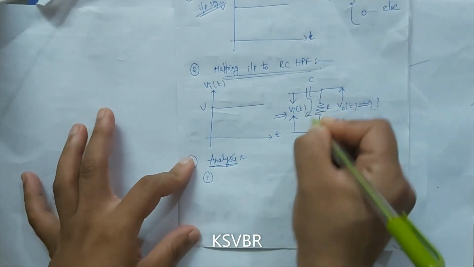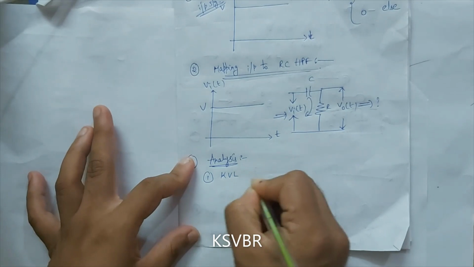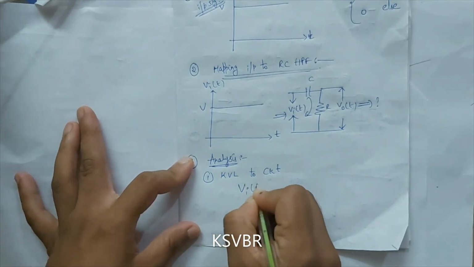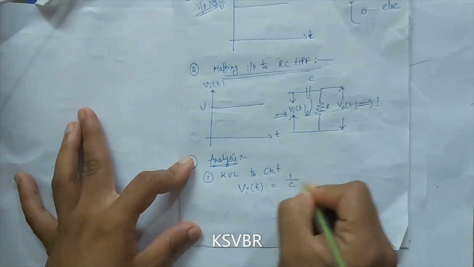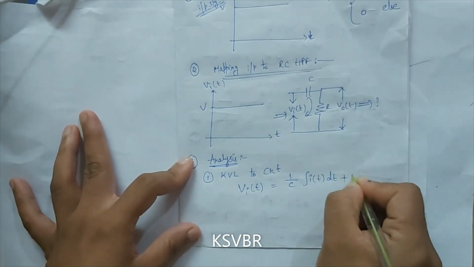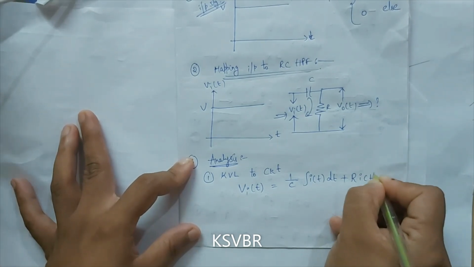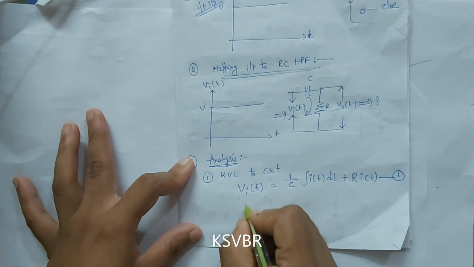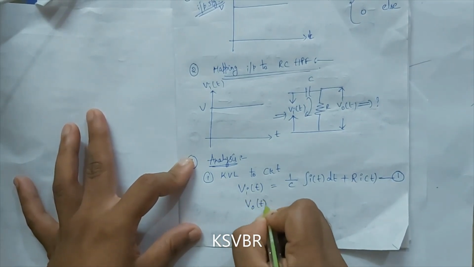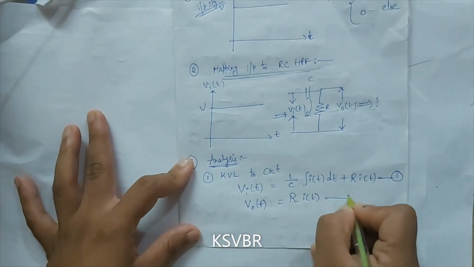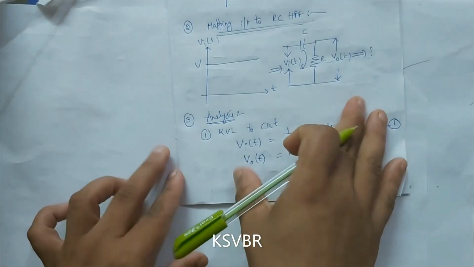This is the circuit. Apply KVL to the circuit. Vi of t is equal to 1 by C integral I of t dt plus R into I of t. Okay, this is equation 1, and V naught of t is equal to R into I of t, equation 2.